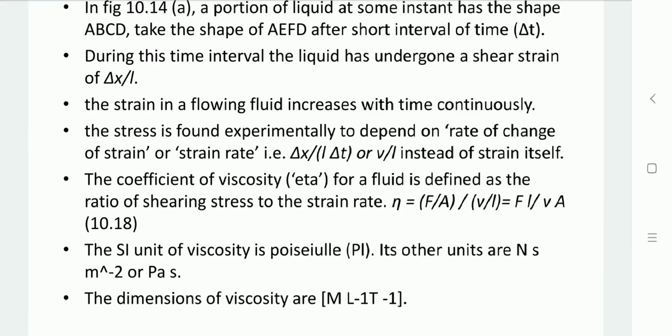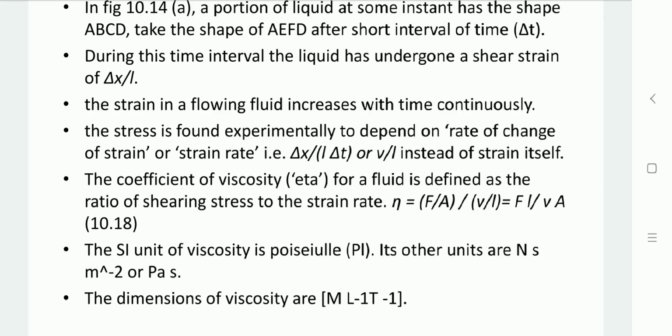So the coefficient of viscosity is denoted as eta, defined as the ratio of shearing stress to the strain rate. Stress is F by A and strain rate is V by L. So eta equals F by A divided by V by L, equals FL by VA.